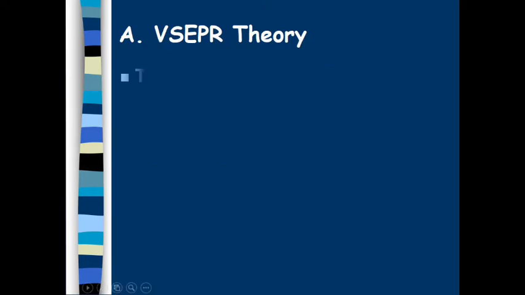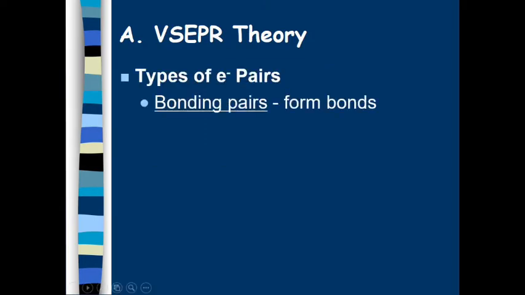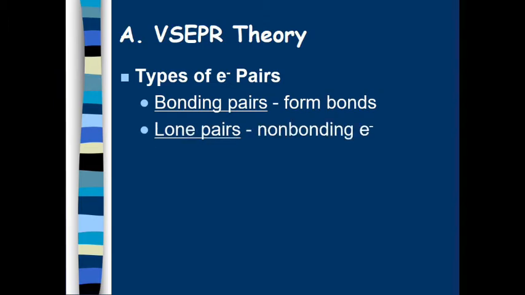So we're looking at two different types of electron pairs. Bonding pairs, which are going to form your bonds. We're going to show these with a dash when we draw our structure. And then we have lone pairs. So our bonding pairs are also considered to be shared electrons, whereas our lone pairs or non-bonding electrons are called unshared electrons.